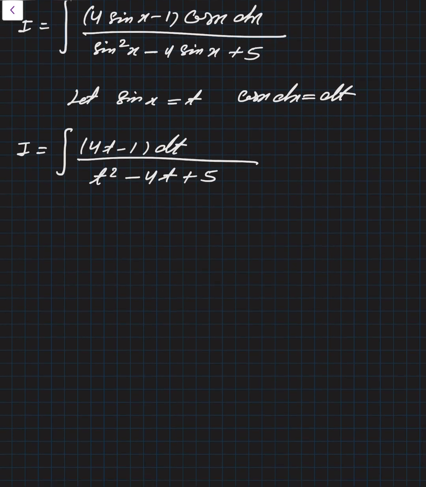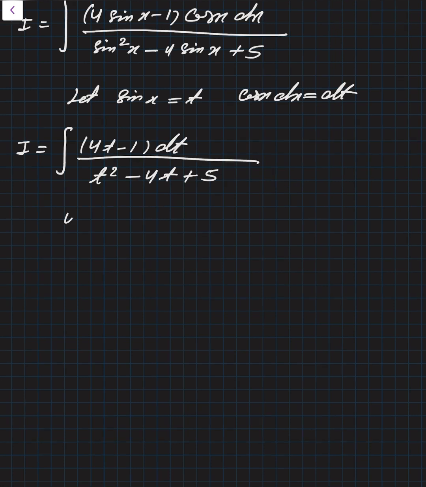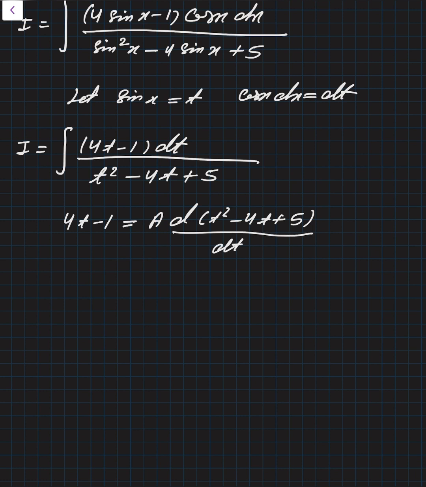Now how can we resolve this type of problem? First of all, if you see very carefully, 4t minus 1 is equal to a into the differentiation of t square minus 4t plus 5 with respect to t, plus a new constant b.